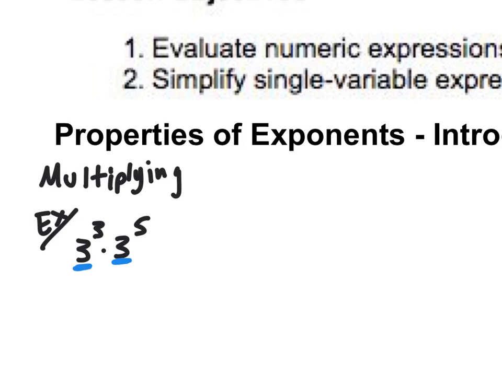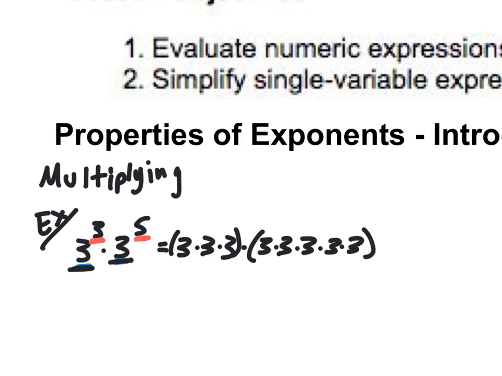The 3 is the base, and the 3 and the 5 are the exponents. 3 cubed means 3 times 3 times 3, and 3 to the 5th power means I have 5 of them multiplied. So if you're multiplying all of them together, you add 3 and 5, and we get 3 to the 8th power.